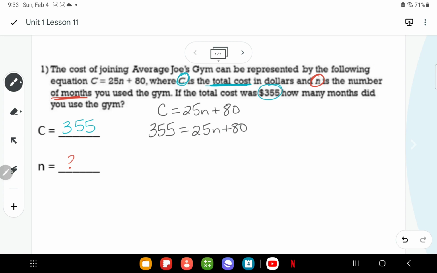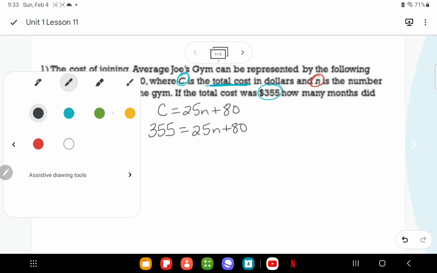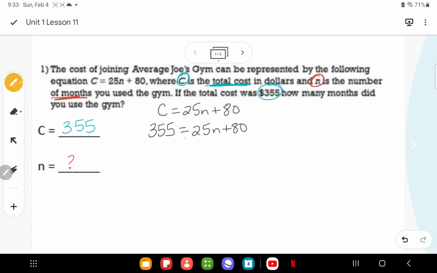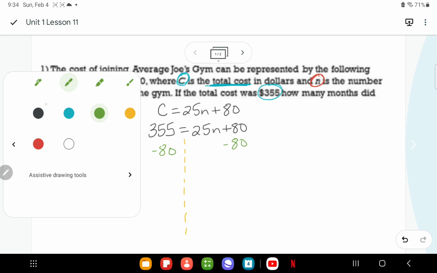355 equals 25N plus 80. The good thing with these is that once we get the equation and put the number we know in the right spot, these are generally really easy to solve compared to some of the bigger equations we've done already. So here I want to get N by itself. I don't have N's on both sides, just this one. So I'm going to undo with opposite operations, minus 80 on both sides.